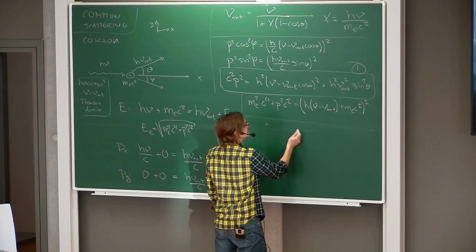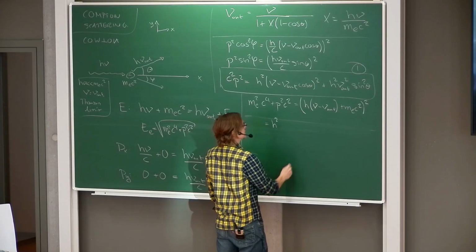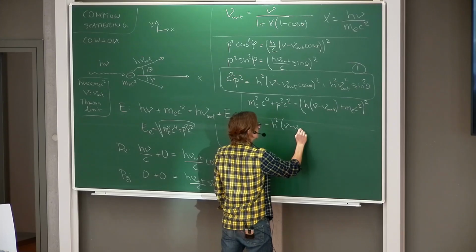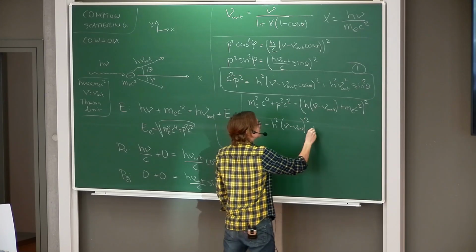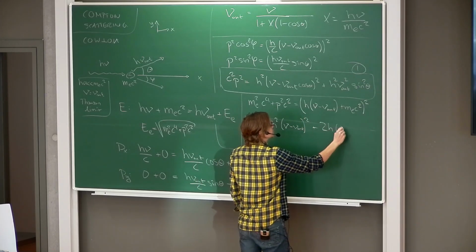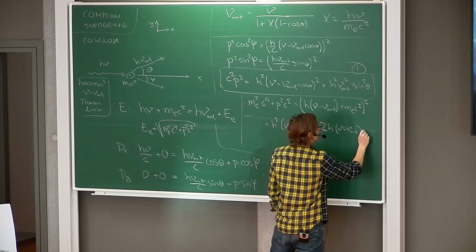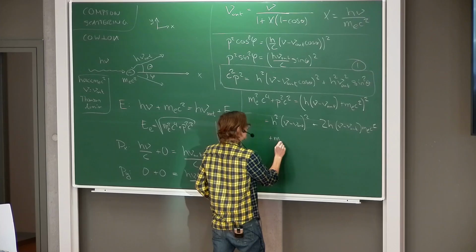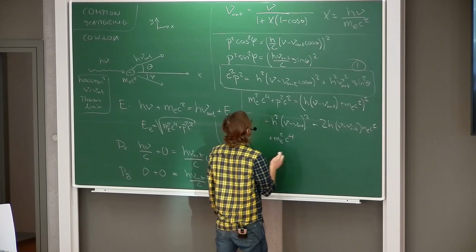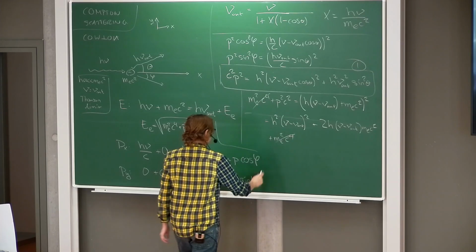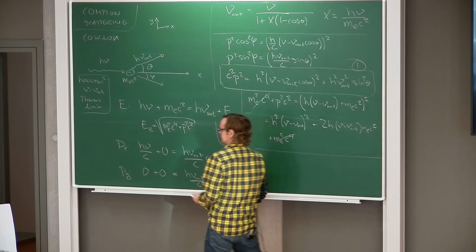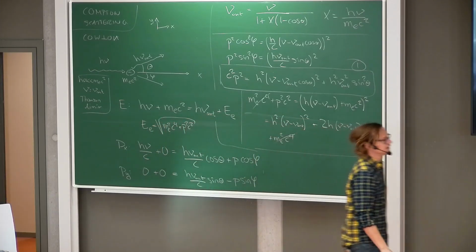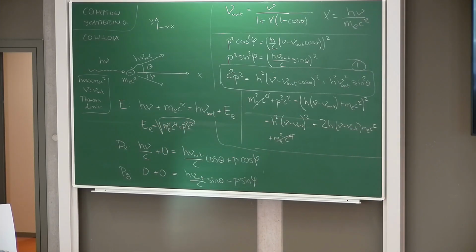That's going to be h squared, nu minus nu out squared, plus 2h nu minus nu out m_e c squared, and then we're going to square the last one, which was the goal, c^4, because then we see that these cancel immediately. You can check this.